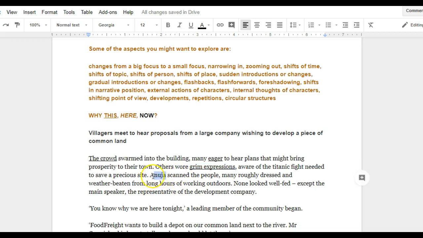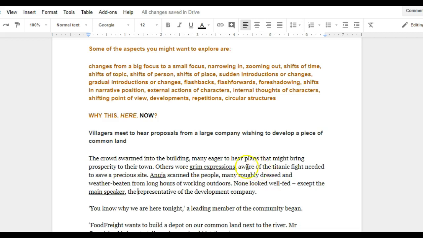And we've also got the introduction of Anuja, the central character. So from this first paragraph I'm already focused on the crowd and on Anuja, and also on the main speaker. Those are the three characters that are introduced there. And all I'm thinking about as I'm going through is what's going to happen to those things, how are they going to change.